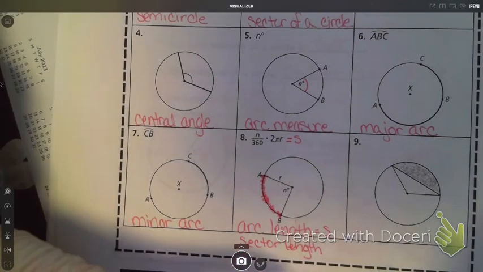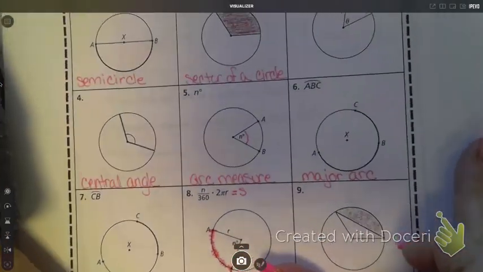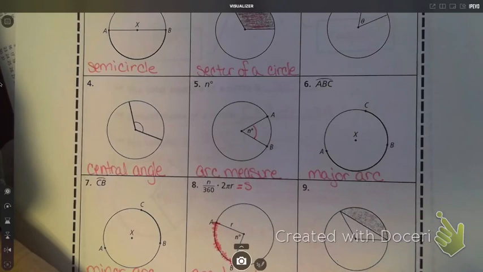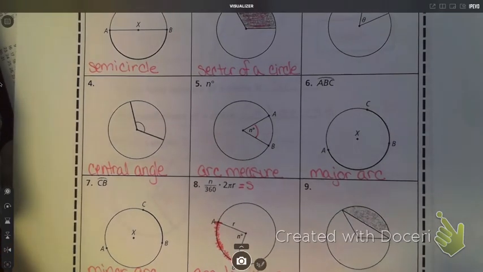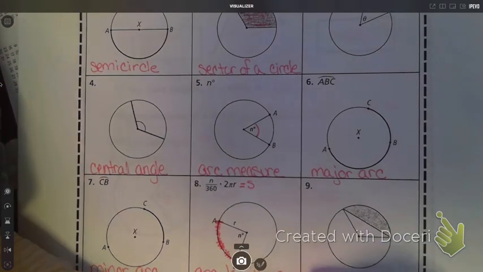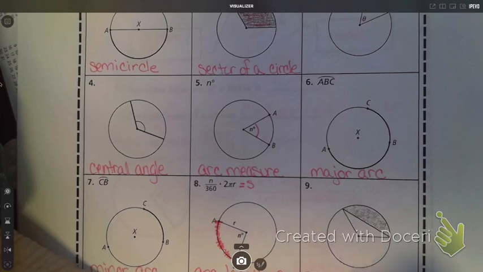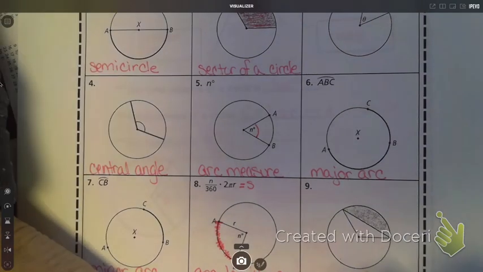Okay. So now we have 3 and 9. So what are the 2 words we have left? Radian and segment of a circle. Okay, we have radian and segment of a circle. Which do you think 9 is? Segment of a circle. And these are just ones we're not going to do a whole lot with.